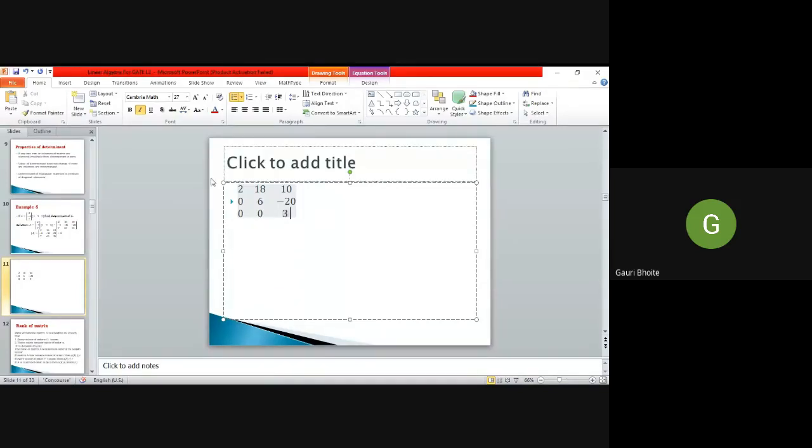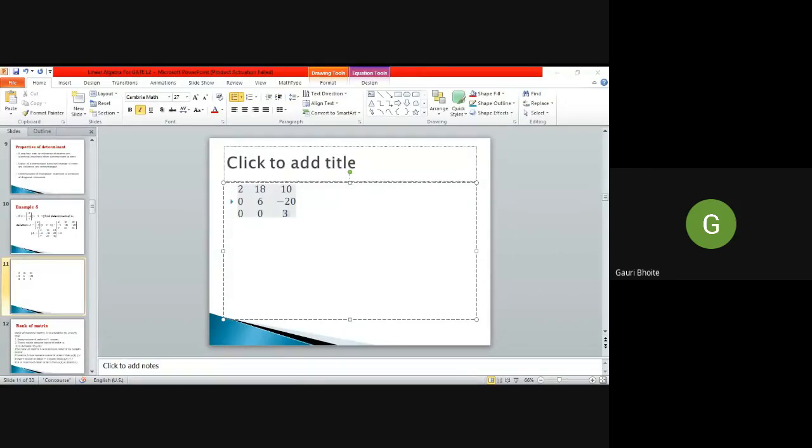So without calculating, what is the product of the diagonal elements? What is the value of the determinant if this is the matrix A? Are you getting 36?